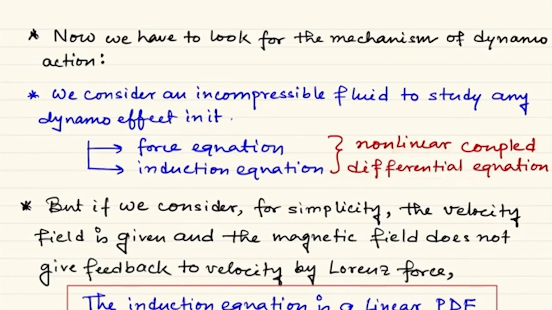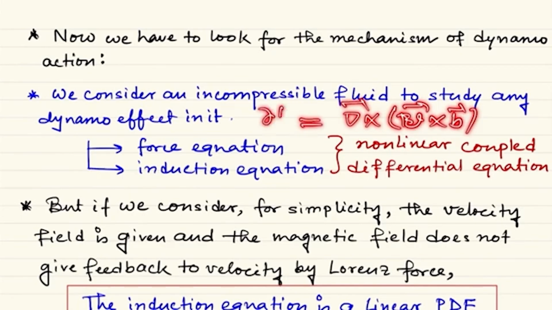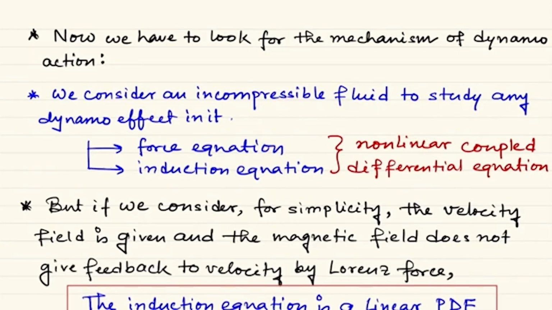As I said in the last lecture, in general the induction equation has the term curl of V cross B equal to del B del t. So although it may look like this is linear in B, V has a feedback of B and B has a feedback of V.